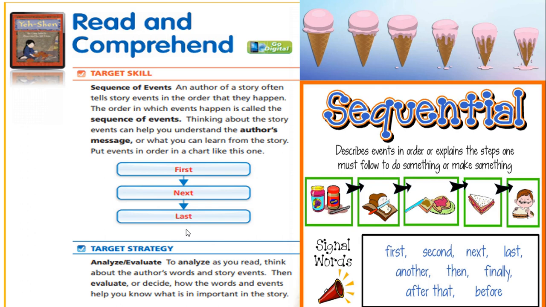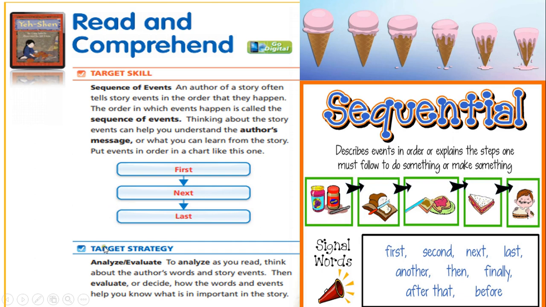Most authors deliver a message through their text or story. Why? Because there is a purpose for writing this text or story. To understand more, you can divide the events into first, next, and last. Once you put the events in time order, things will become clearer and easier.